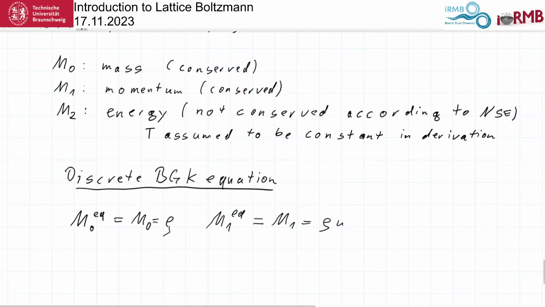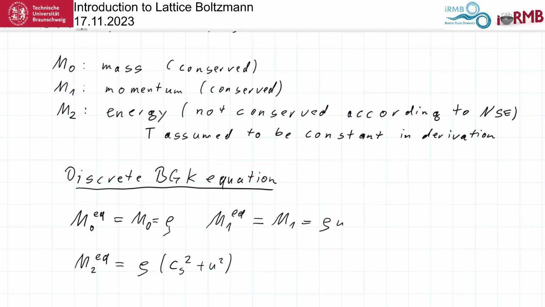Okay, so according to the derivation that we did like 2 lectures ago, the equilibrium for the second order moment was, again, we are not normalized, so we'll have rho in front of this: rho times the speed of sound squared plus u squared.